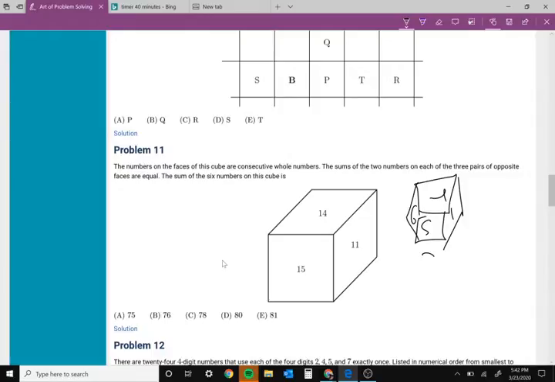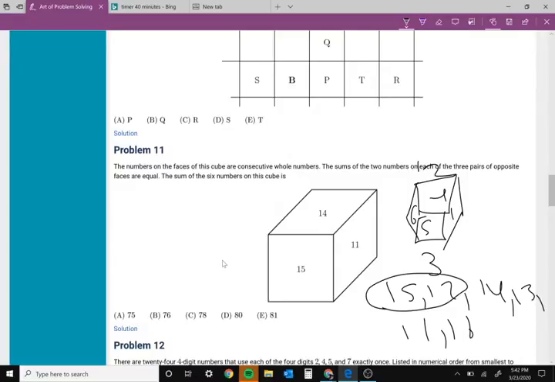And the bottom side is going to be 3, and this side is going to be 2. They're all consecutive, and it works. So we have 15, but then this is a 2, but then we had 10, so 12. So 15, 12, 14, 13, 11, 16. And those are all consecutive. Then we only need to add the pairs of integers that are opposite each other and multiply by 3. 15 plus 12 is 27 times 3 is 81.